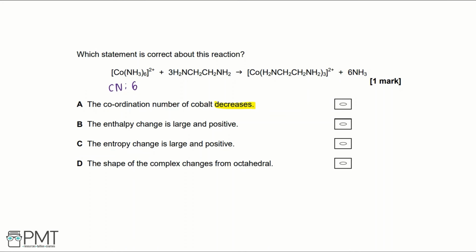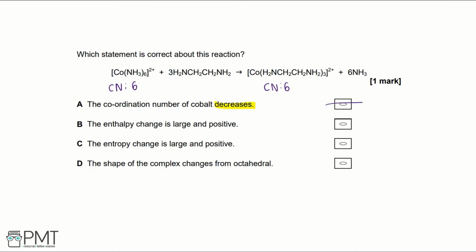Then if we look at its second complex, we also have a coordination number of 6. And that's because we have 3 bidentate ligands, which means that each ligand is going to connect to cobalt at 2 points, and we've got 3 of them, and 2 times 3 is 6. So the coordination number actually stays the same, and that means that A is incorrect.